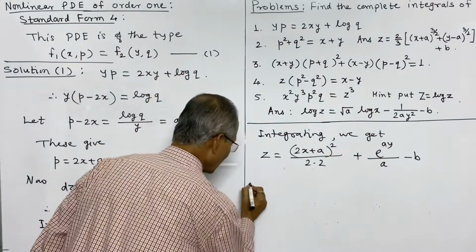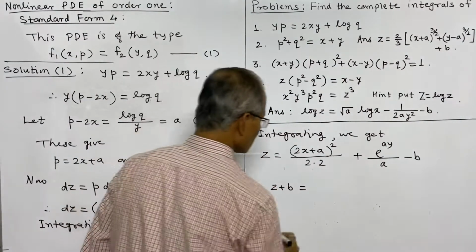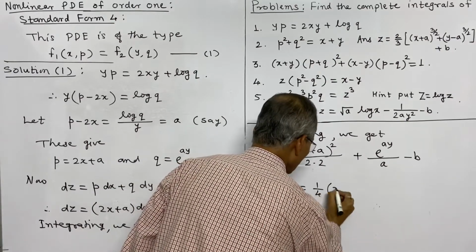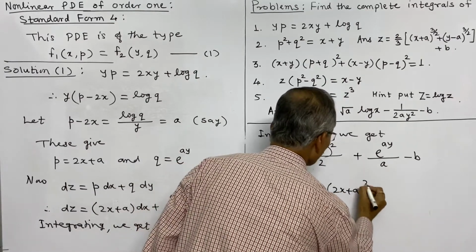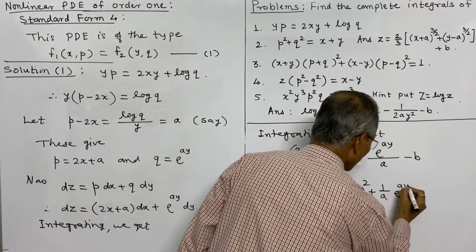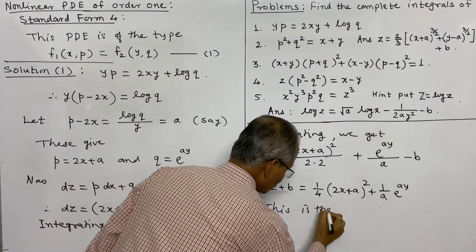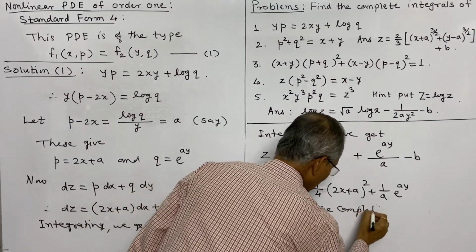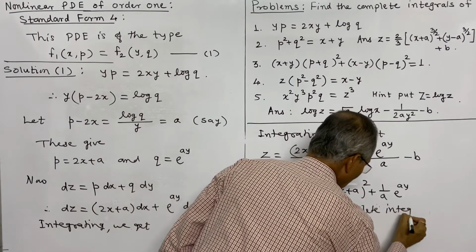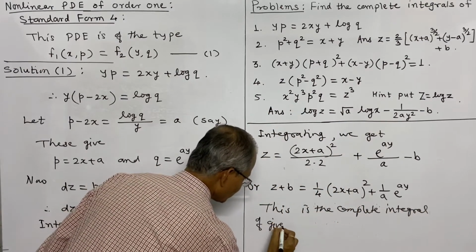That can be written as z plus b is equal to 1 by 4 into 2x plus a whole square plus 1 by a into e to the power ay. This is the complete integral of the given equation.